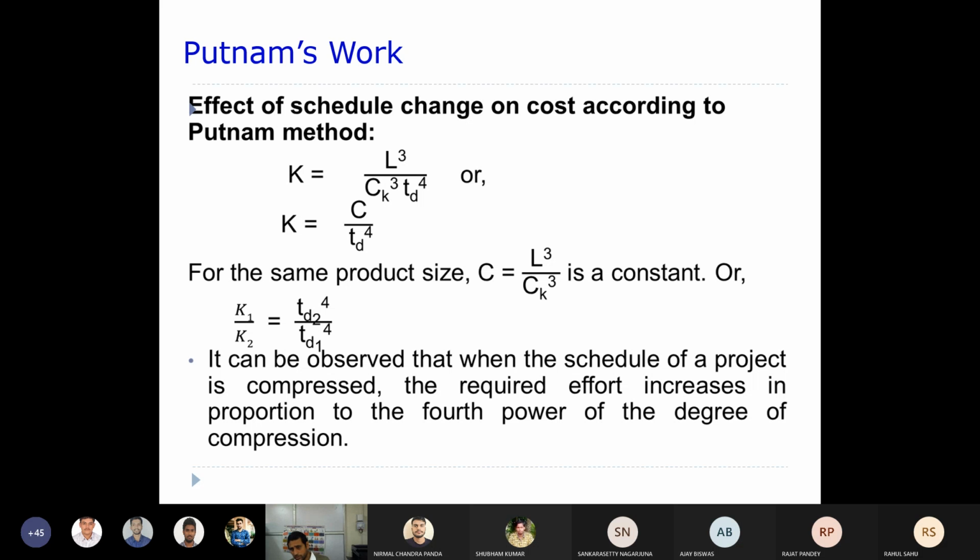We assume that Ck, the environment, is the same for both software developments. In that case, we can assume that C equal to L cubed by Ck cubed is a constant. Then the only variables here are K and td. K here is the effort, and td is the time.